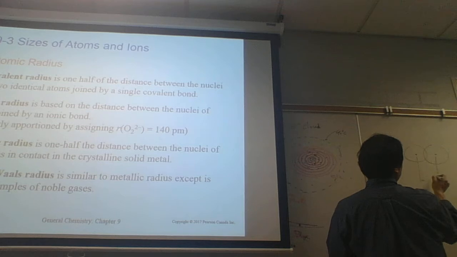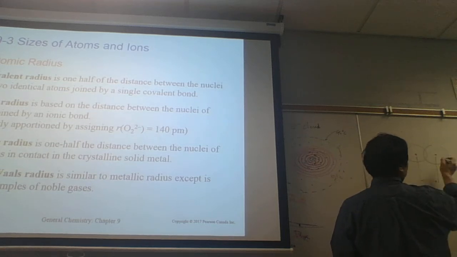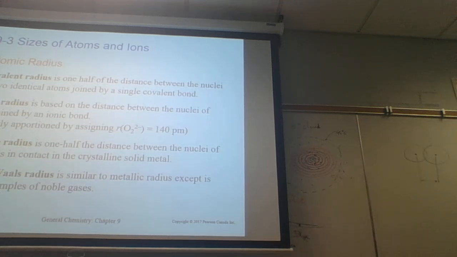Now, what about the Heisenberg uncertainty principle and nuclei? It turns out the nucleus is very massive compared to an electron. And so pinpointing nuclei is no problem. So we can pinpoint the nucleus here, we can pinpoint the nucleus here, and we can measure the distance. And so we aren't going to be impacted by the Heisenberg uncertainty principle.